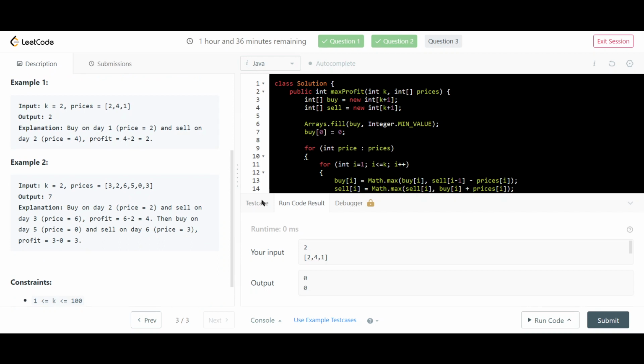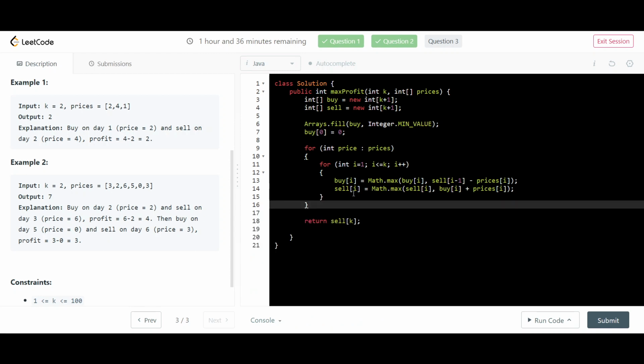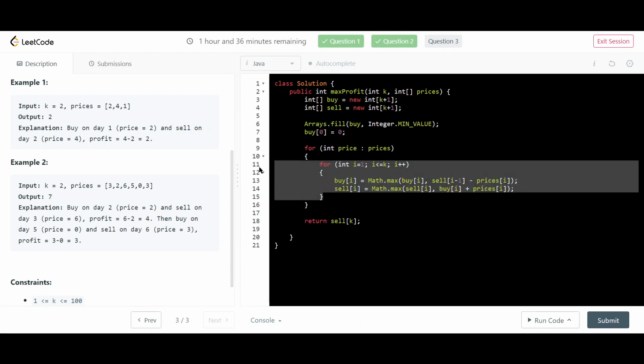And it is wrong. Fair enough, it is wrong. And I think it's wrong because now this buy and sell, you set it up for that day. Now for the next day, your buy and sell are going to change, right? So you have to do a new buy and a new sell.